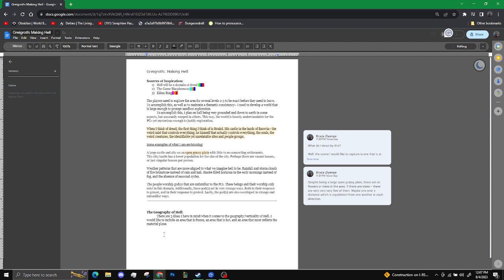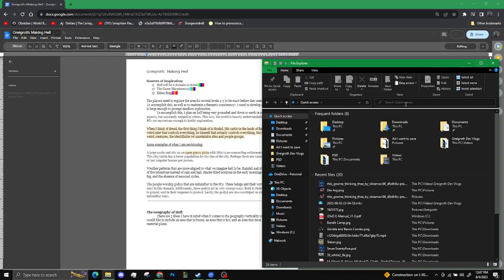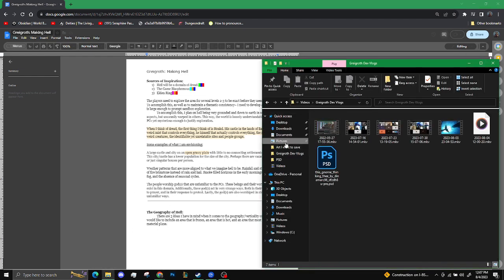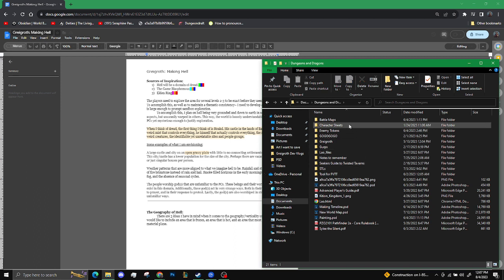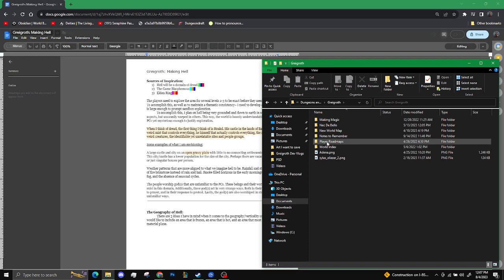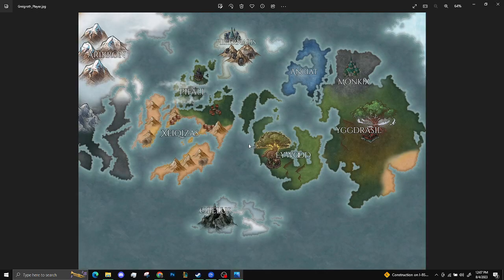Each of those layers is going to be smaller than, let's say, my Greigroth world map. So, you know, this is huge.